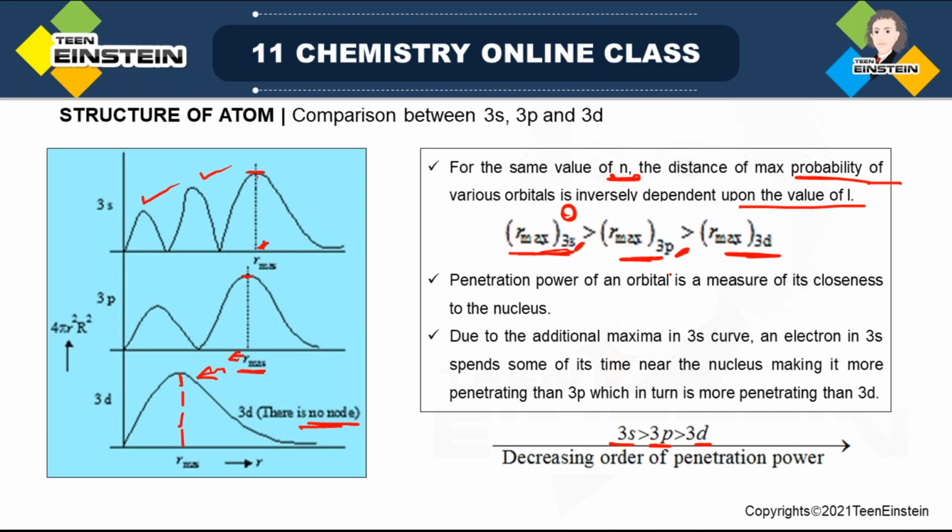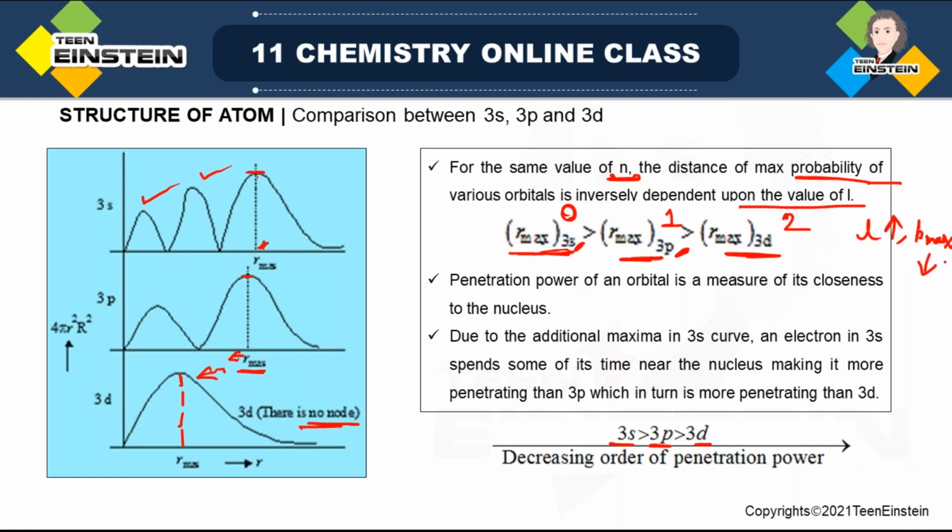For p orbital it is 1, and for d it is 2. That means when the L value is increasing from 0 to 1 to 2, the distance of maximum probability of these different orbitals is inversely related, because this R max value is decreasing when L is high. So L is high, R max is decreasing.